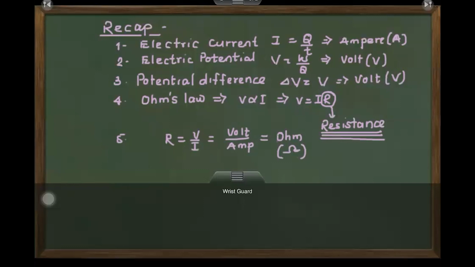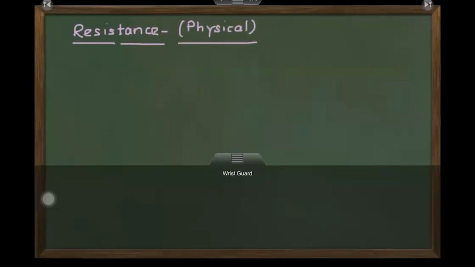Now we start today's session with the topic resistance. We have to define it. At first we define its physical definition, meaning why it comes, and then we define its numerical definition.